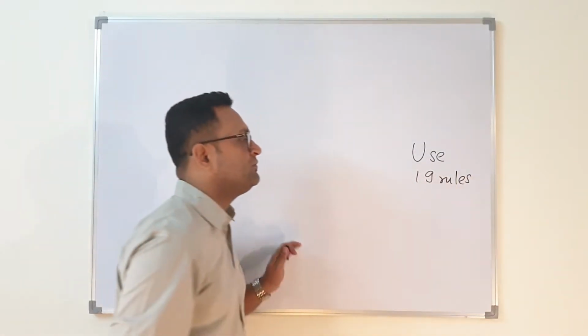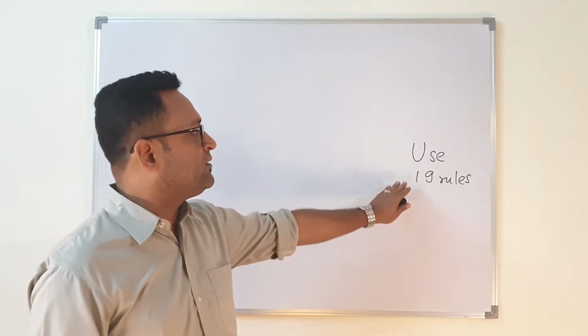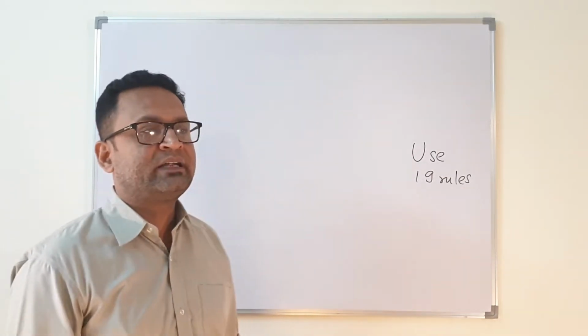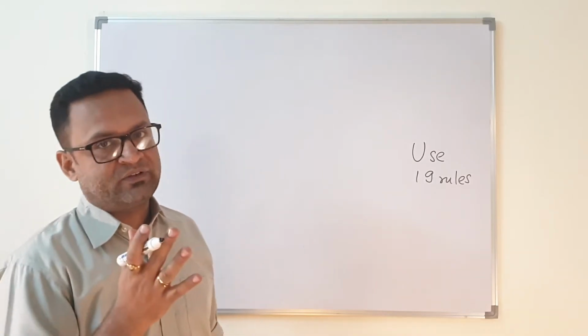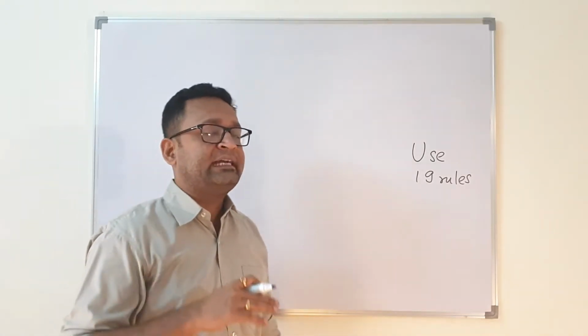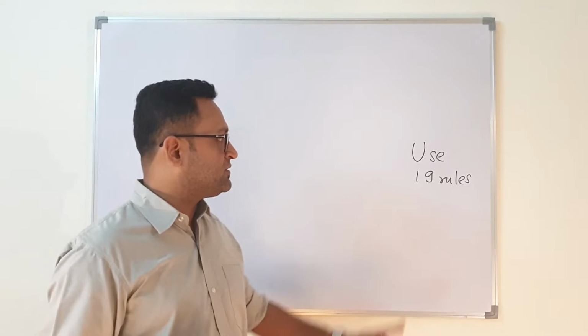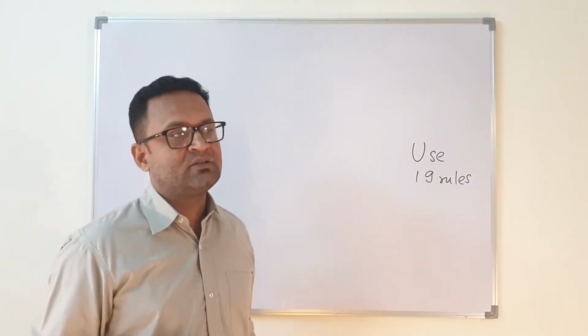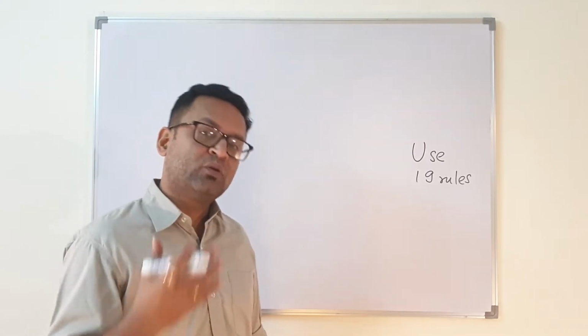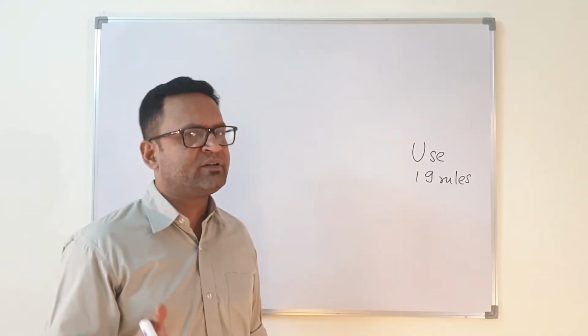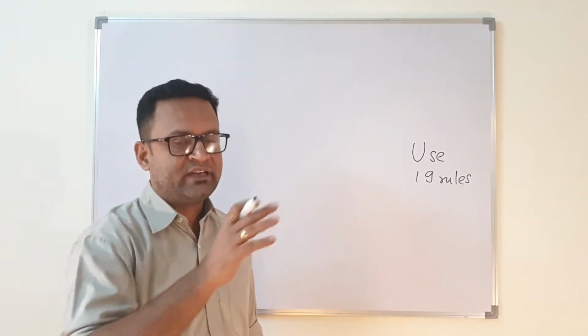If you remember, there are 10 rules of replacement in our book and 9 rules of inference, so we make it 19 rules. So most of the questions will have both, and we will be using them as and when required.